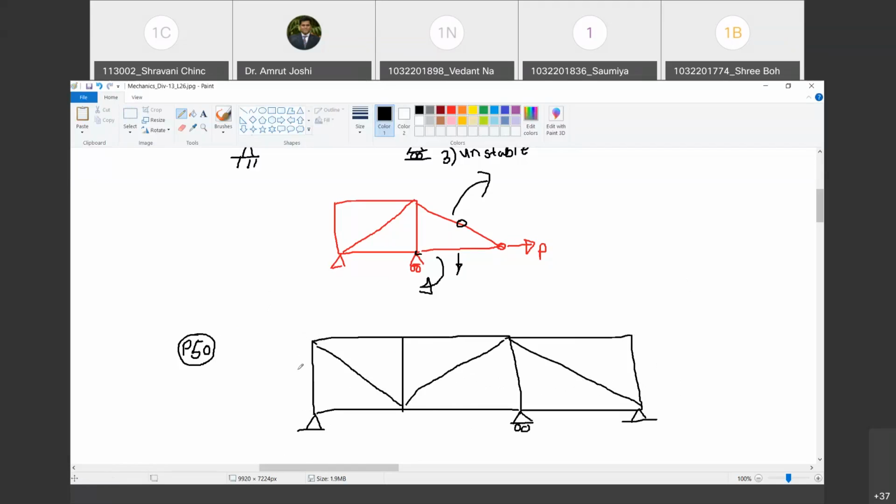Yes, sir. Now, this truss is subjected to, let me say, the loading like this. No, let us not add this. Instead, let us add one more panel.